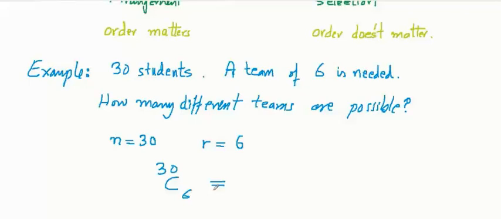If you use the calculator, 30C6, there are a lot of possible teams: 593,775. So almost 0.6 million teams are possible with only 30 students.